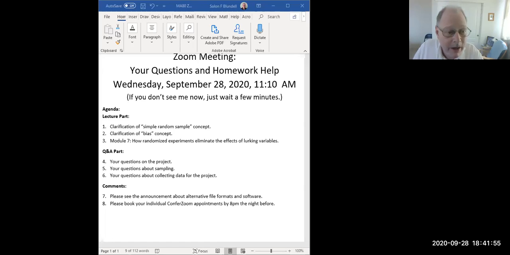You can do everything in Module 6 without knowing that. And some of the instructions when you come to Module 7 will only make sense if you've done the stuff in Module 6. In Module 6, I have you go ahead and collect the data and make the graphs.